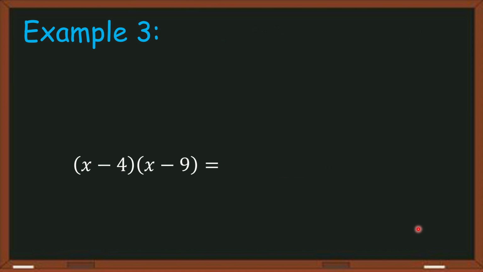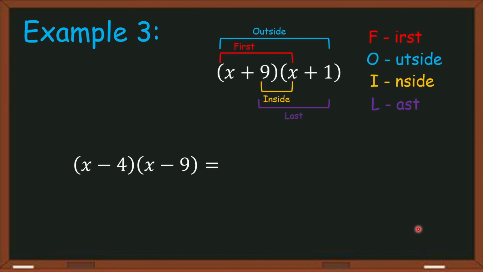Example number 3, again, sasagutan natin ito using FOIL method. So, simulan natin by multiplying itong unang dalawa. So, x times x, the answer is x squared. Lagay natin x squared. And then next, multiply natin itong si x times negative 9. So, x times negative 9 is equal to negative 9x. And then, multiply naman natin itong negative 4 times x.